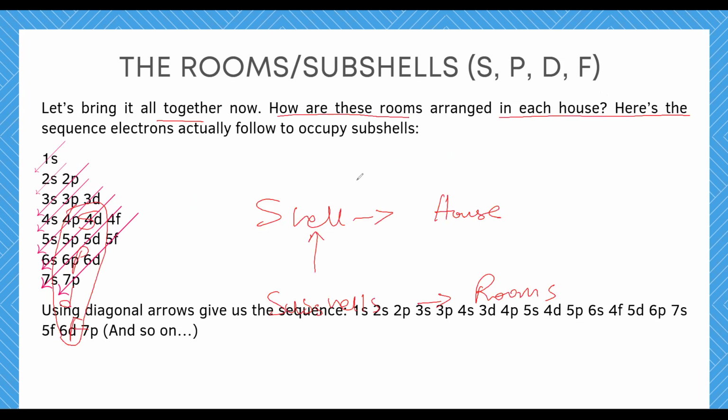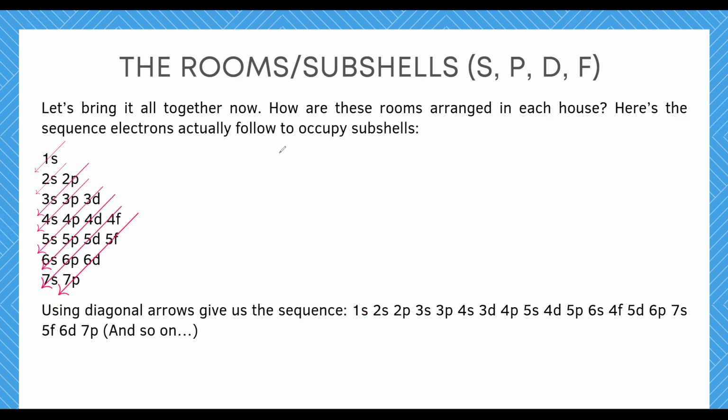So when it is shell number 1, let me write it. The number of subshells inside is just 1, S. The first subshell is called the S subshell: 1S. And remember, how many electrons did I tell you that the S subshell can accommodate? 2.